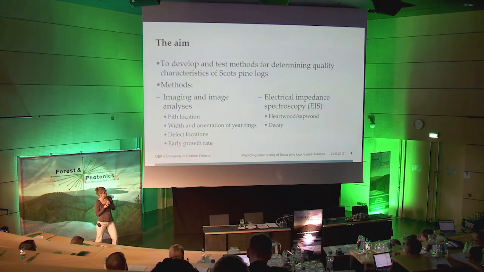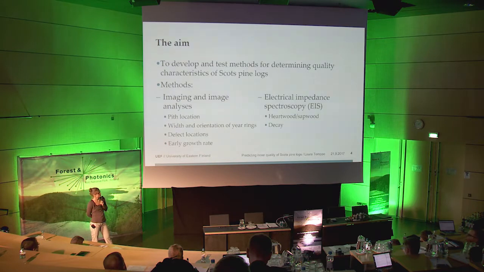We are testing and developing these methods, which include imaging and image analysis from the end of the log. From those images you can get the pith location, the width and orientation of the annual rings, defect locations, and this early growth rate.